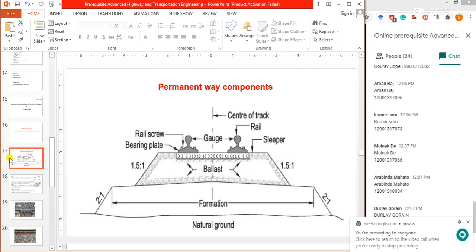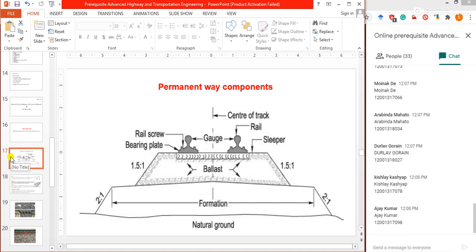Now, what is the permanent way? Actually, we need to know the details of the permanent way. Track or permanent way, obviously, is a railroad on which trains run, but it consists of two parallel rails fastened to sleepers with a specified distance between them, and the sleepers are embedded in a layer of ballast of specified thickness spread over level ground known as formation.